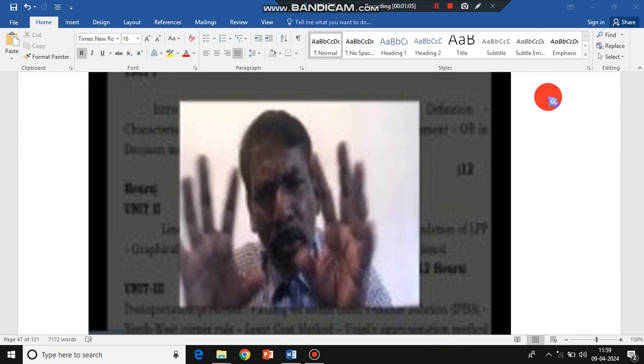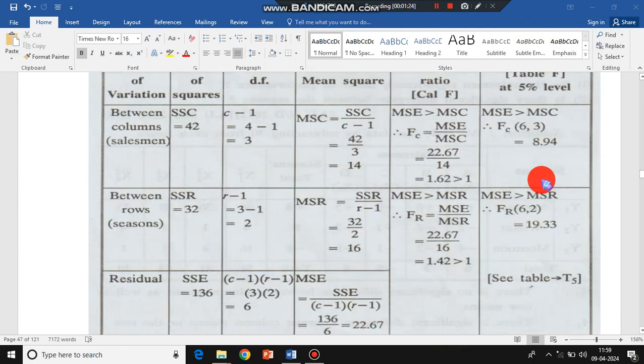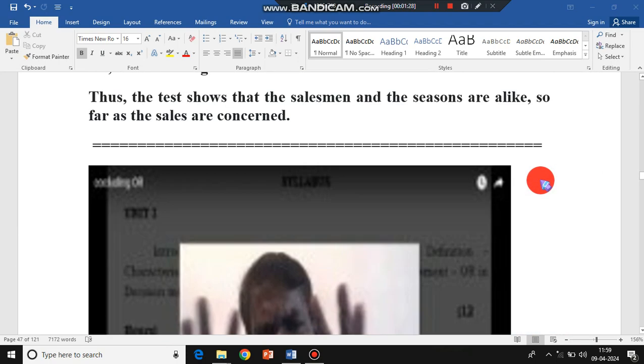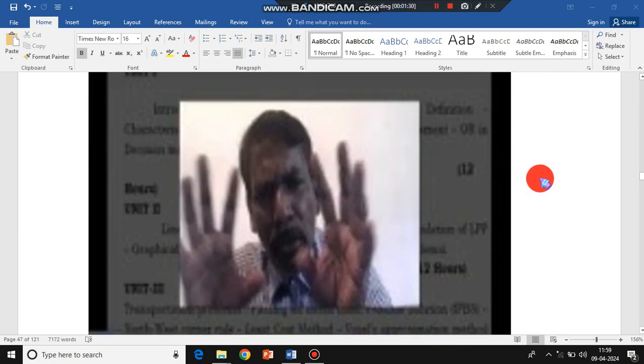In the past classes, I took one-way analysis, that is the completely randomized design, where there is only one way of analysis, either column wise or row wise. Now we are going to talk about two-way analysis.